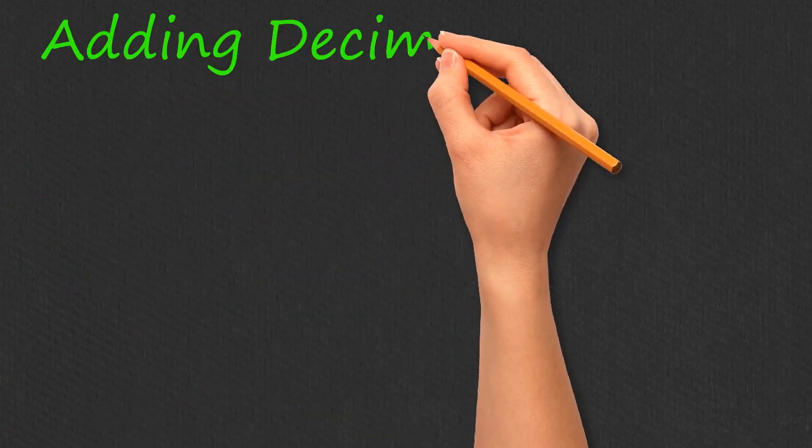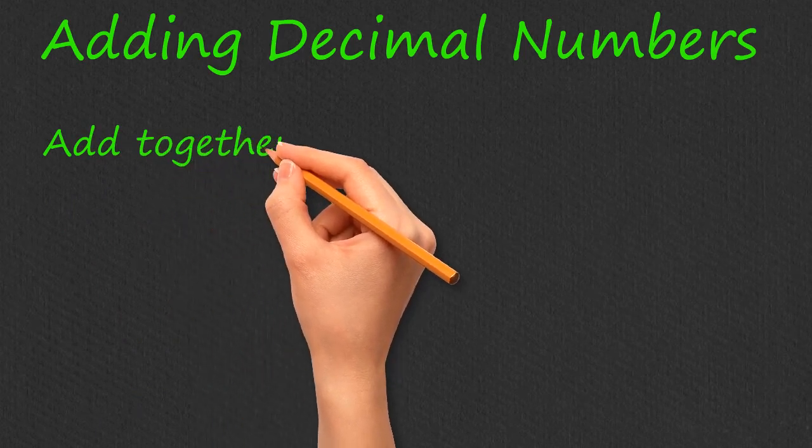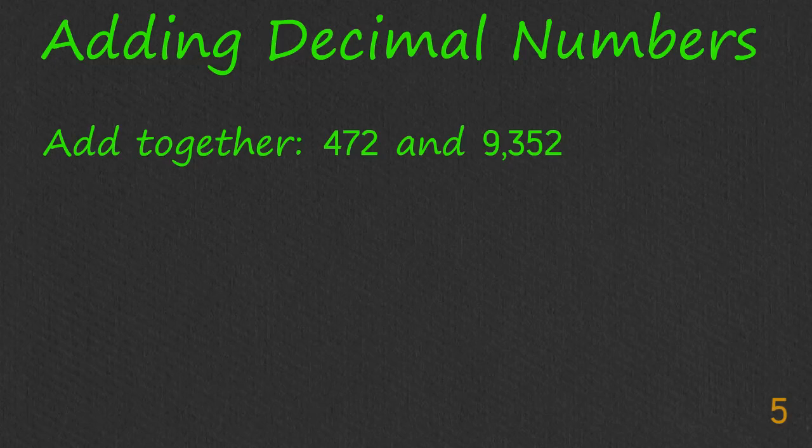So, let us quickly review how we add two decimal numbers together. Can you add together 472 and 9392? We will revise the traditional addition, and we will follow the same process as in the previous video.